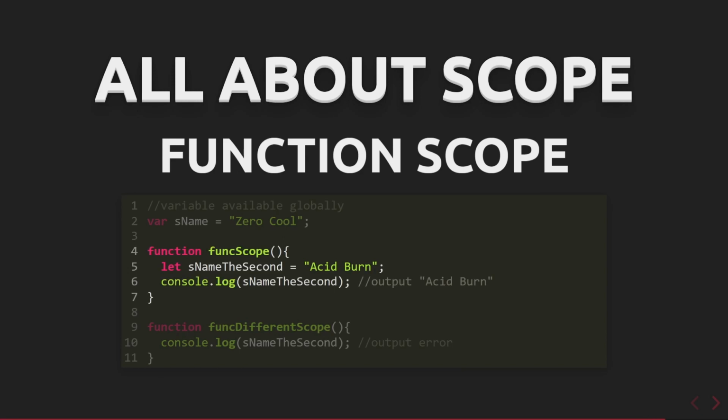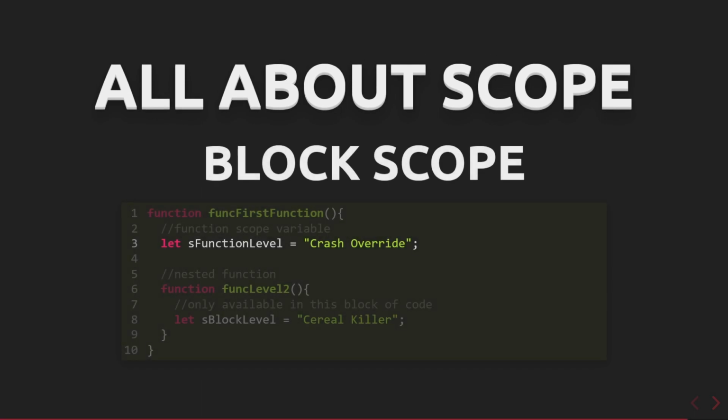If you were to console.log sNameTheSecond, it will output acid burn. If you now console.log sNameTheSecond in the function funcDifferentScope, it will give you an error. The reason for this is that sNameTheSecond was declared specifically in the funcScope function and not in this one.